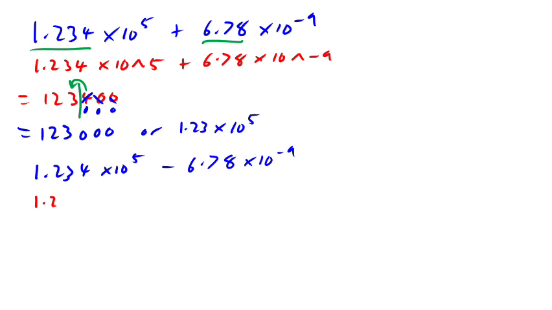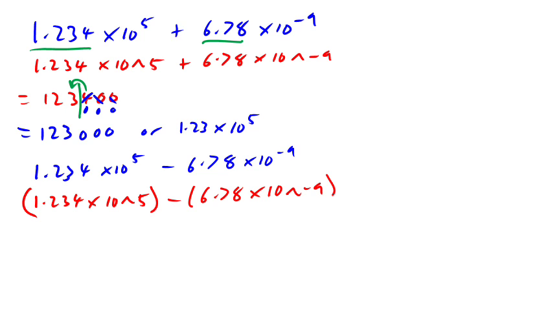So it's 1.234 times 10 hat 5. You've got to put these in brackets. For the subtraction and division, you need the brackets. And that's going to equal the same number we had before, 1.23400, because that fly has now left the elephant and it still didn't make any difference to the weight.